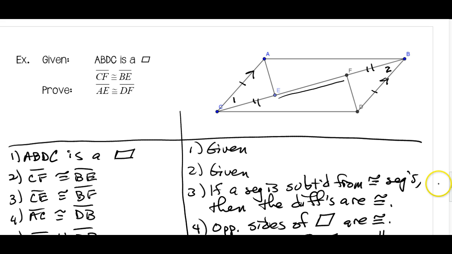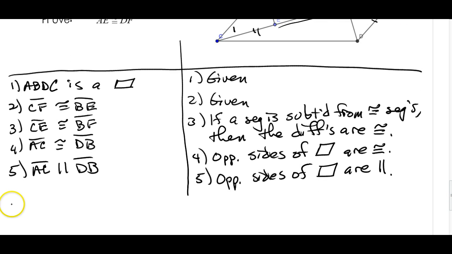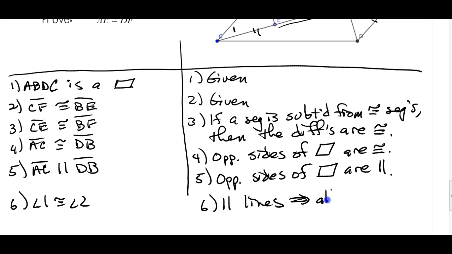These are alternate interior angles, and since the lines are parallel, we know that those angles are congruent. So I've got angle 1 congruent to angle 2 because parallel lines implies alternate interior angles congruent.